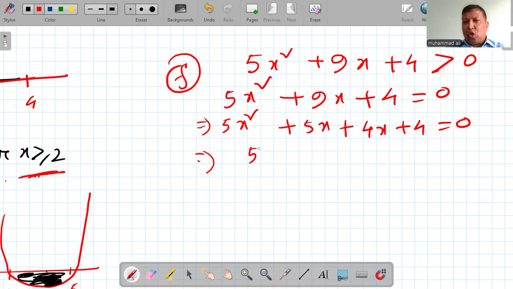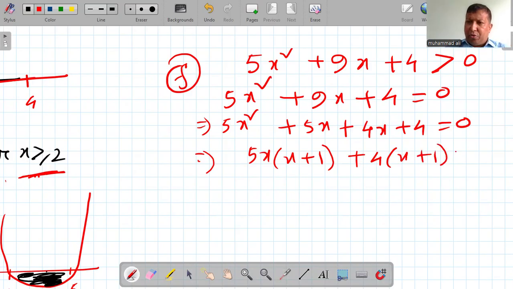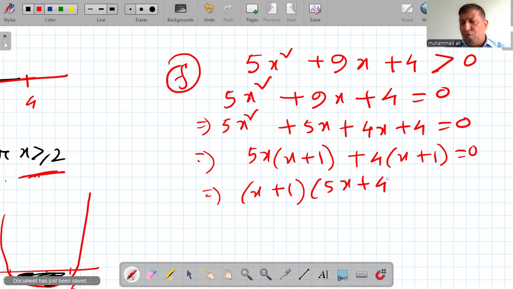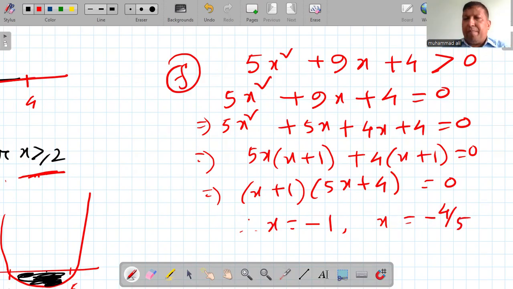Take 5x common, so x plus 1. Take 4 common, x plus 1 equals 0. So x plus 1 times 5x plus 4 equals 0. Therefore, x equals minus 1, x equals minus 4 by 5.